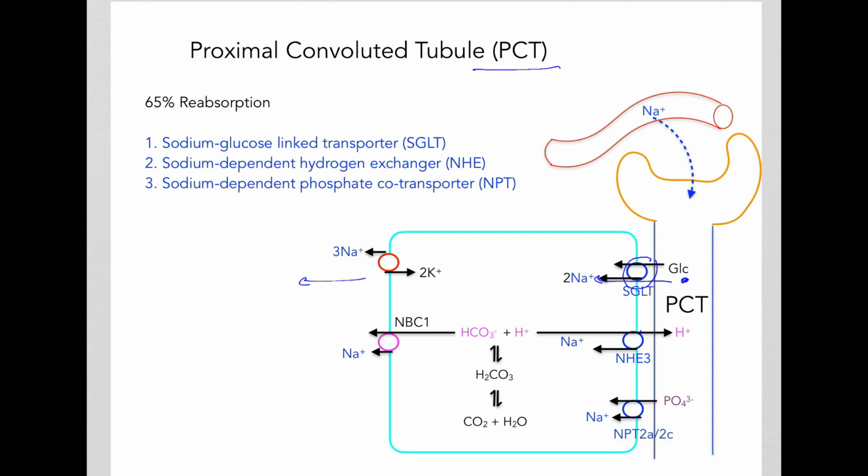Then we also have this sodium hydrogen exchanger that helps bring in sodium in exchange for protons. And then we have this sodium-dependent phosphate cotransporter, NPT, that brings in phosphate as well as sodium.